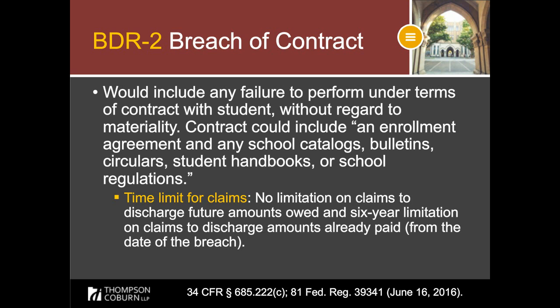They were envisioning that you could have a contractual relationship with a student at a private nonprofit or public institution, and that relationship could be formed by a student handbook or school regulations, right? You've got large private nonprofits, or even small ones, that have lots of policies and documentation and handouts that they give to a student, and you would be in a position of having to argue to the department that that does not create a contract.